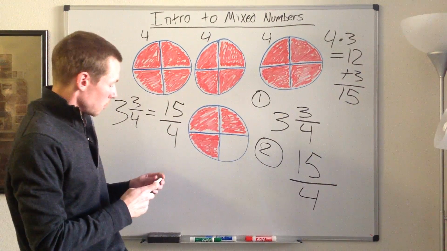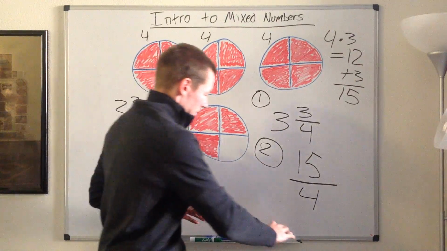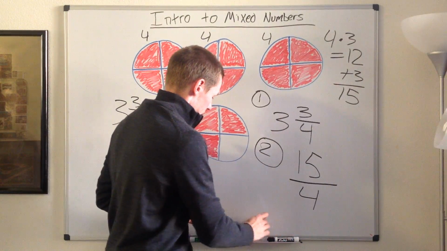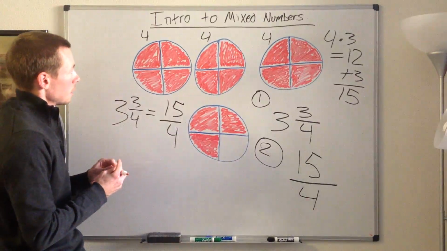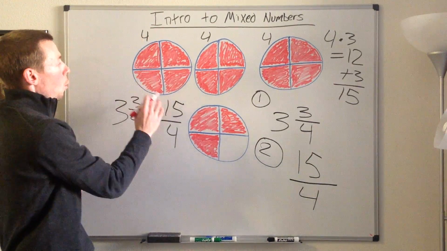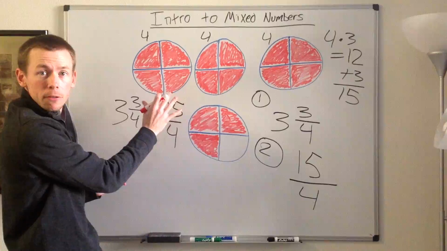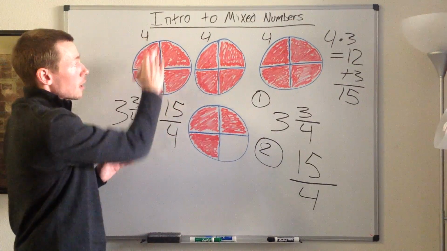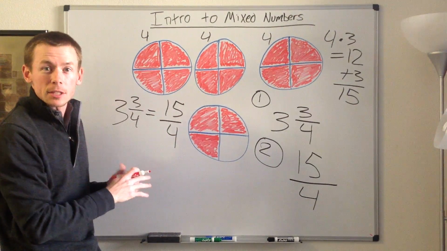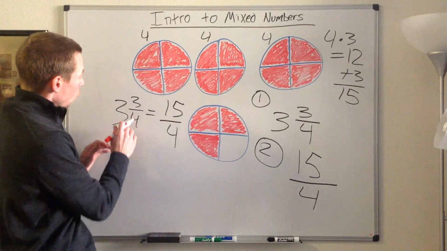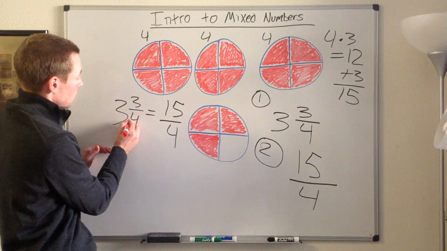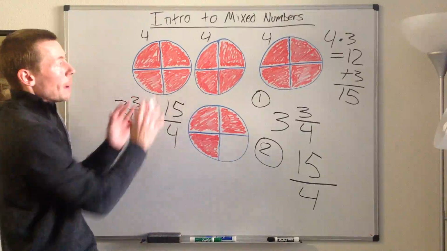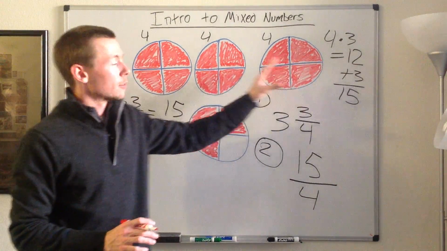So what essentially we're doing is taking the number of sections that we've carved our object into, in this case fourths, and multiplying it by how many complete circles we have.